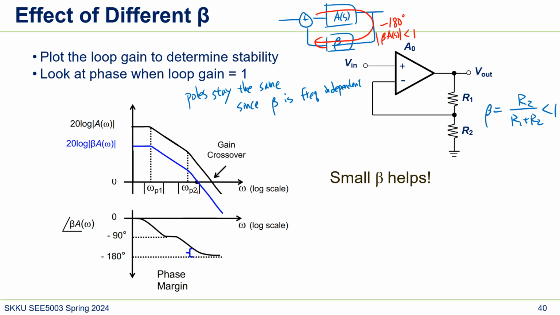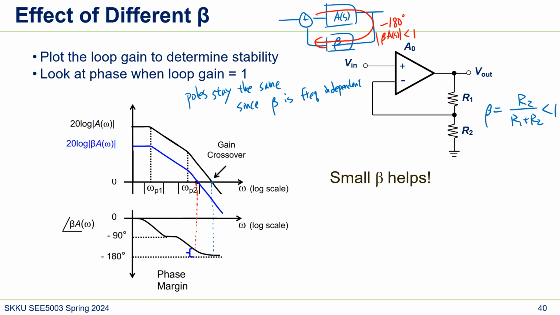Right? So when we see this graph, the phase margin before beta is where we see this part. In this case, the phase is almost 180 already at 0, so there is kind of no phase margin there. But if we multiply beta here, then the gain is just decreased, and the phase margin will be here, right?